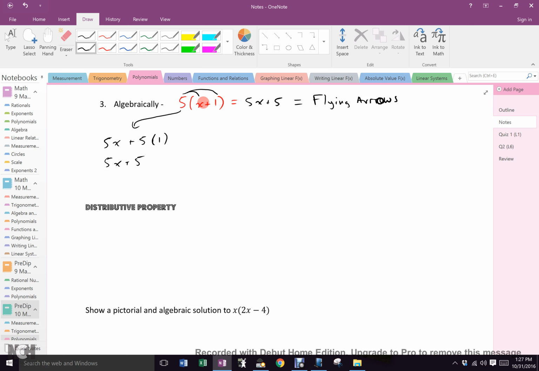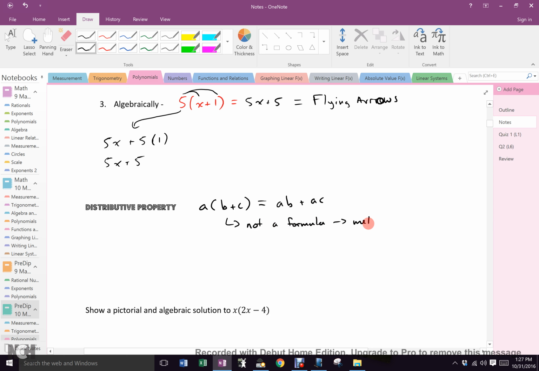All right. The distributive property is this. I'm going to write it out with letters because this is what it really is. A(B plus C) is AB plus AC. Now here's the thing that messes kids up. This is not a formula. Okay?